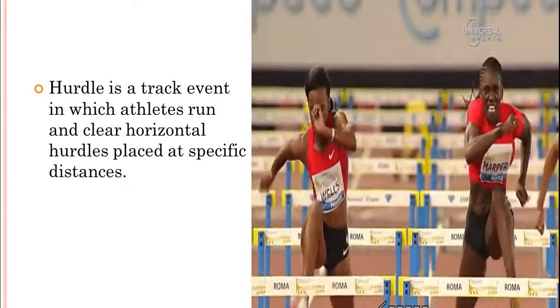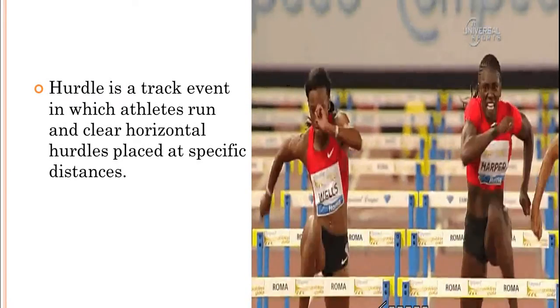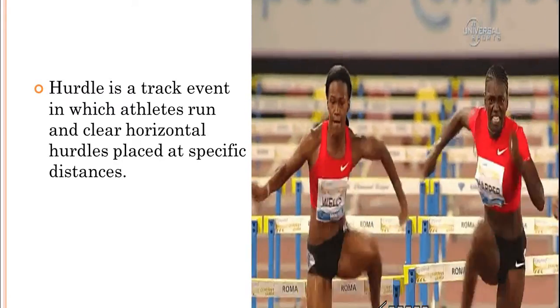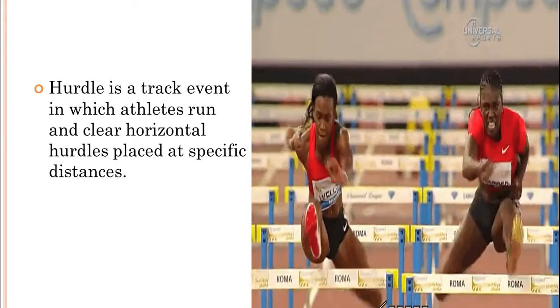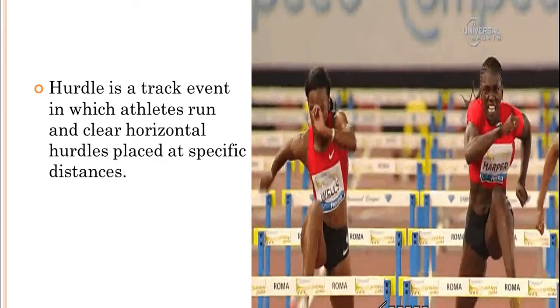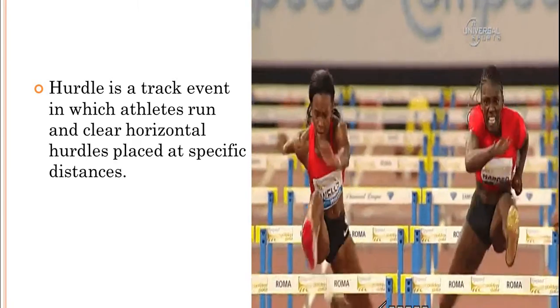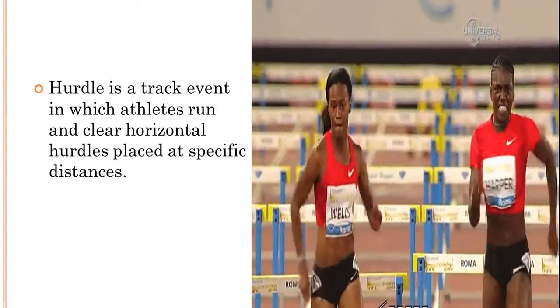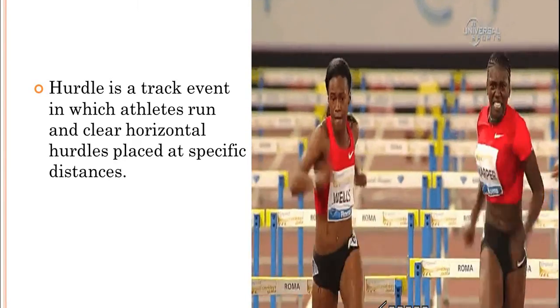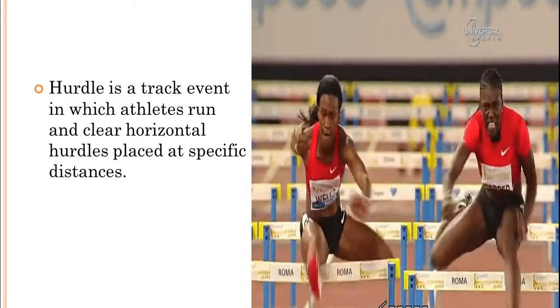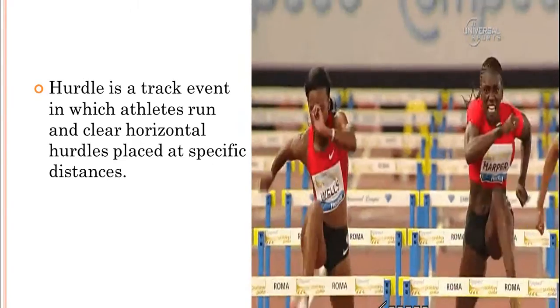Now, the hurdle is a track event in which athletes run and clear horizontal hurdles placed at specific distances. In this race, there are hurdles that are placed at specific distances, and the athletes are to jump each of the hurdles.